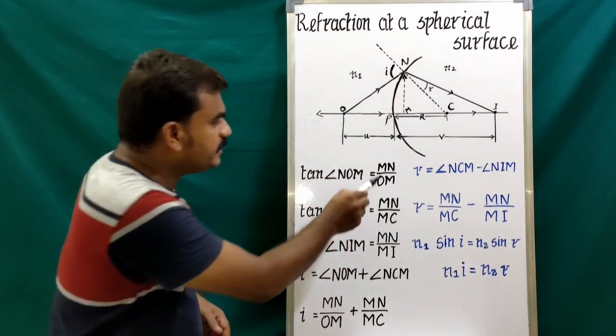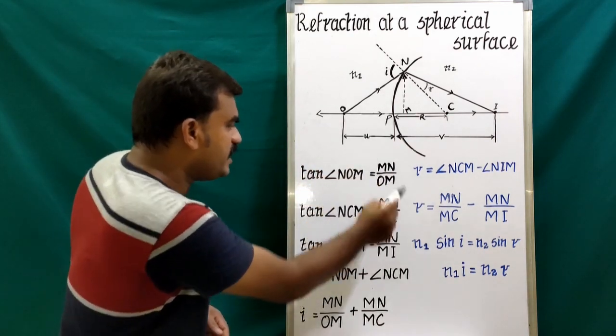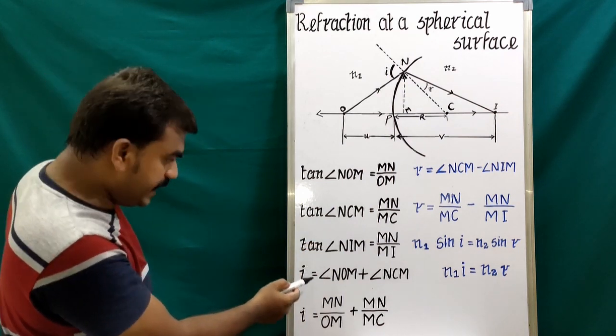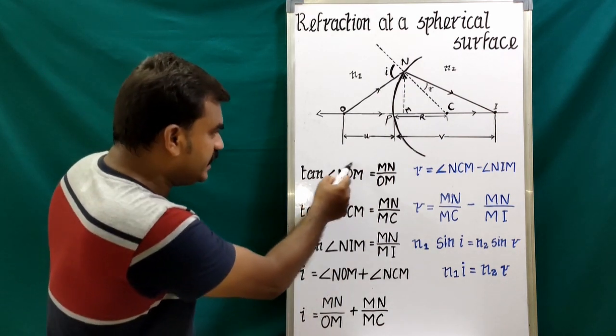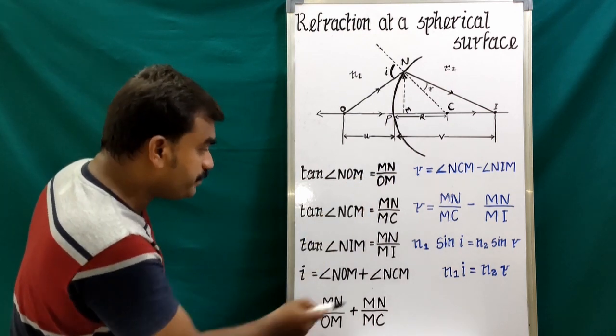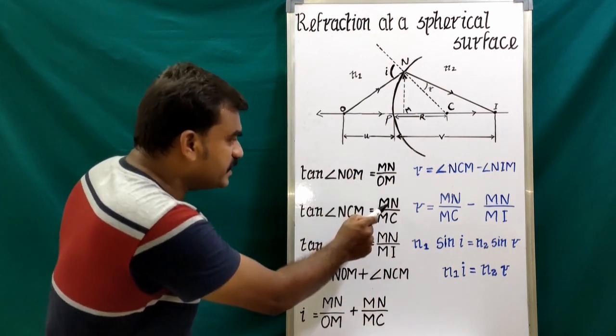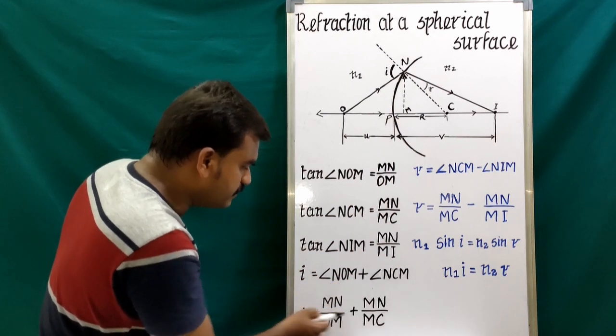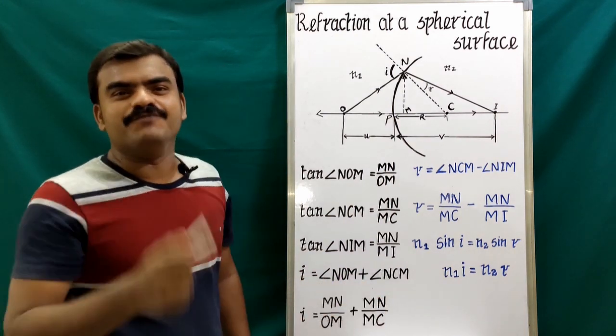When we apply this angle and this angle, i is equal to NOM. Instead of NOM, we may substitute MN by OM. Instead of NCM, we may substitute MN by MC. We got the i value.